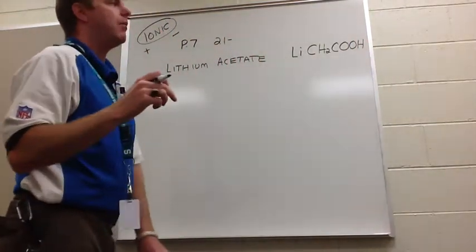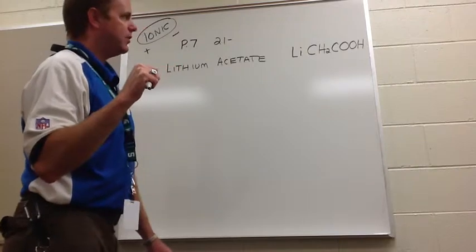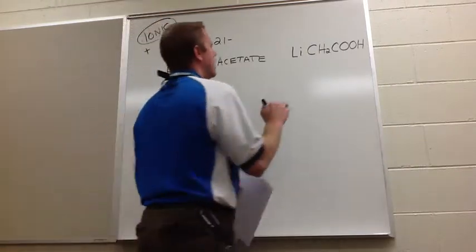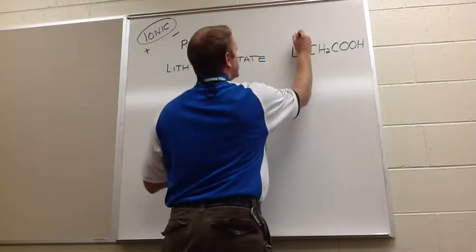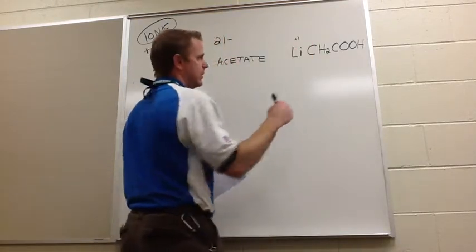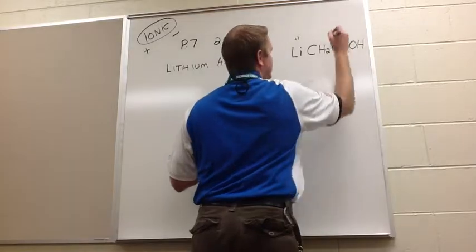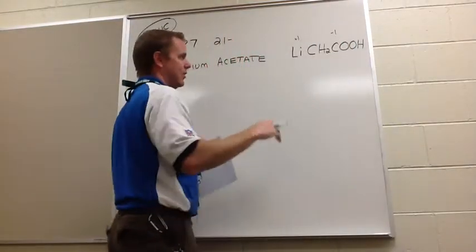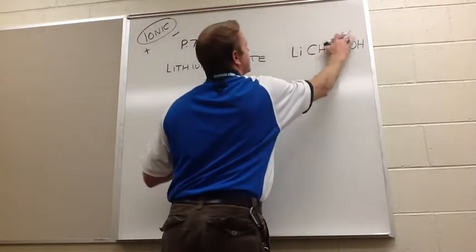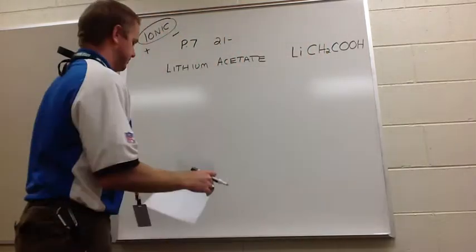Okay? So now what you do from there is you say to yourself, okay, the charges, do they match? Well, lithium's charge is a +1. The acetate ion's charge is a -1. A +1 and a -1 cancel. You get rid of the charges, and that is the formula right there.